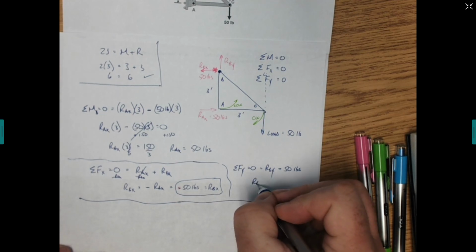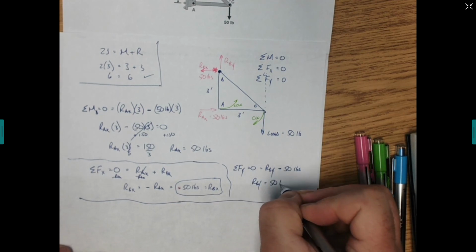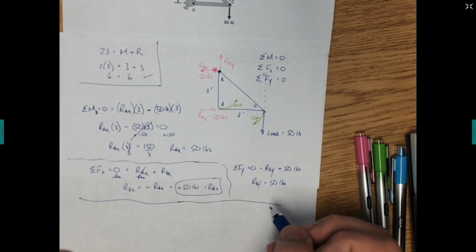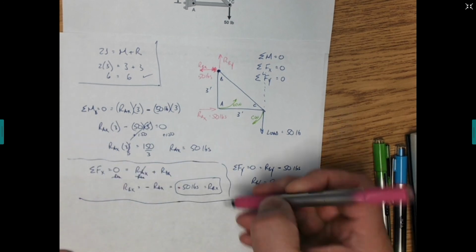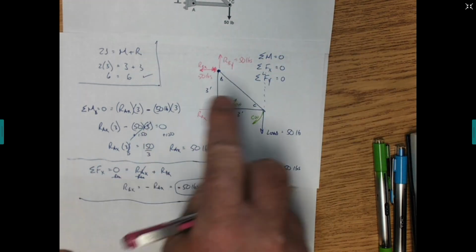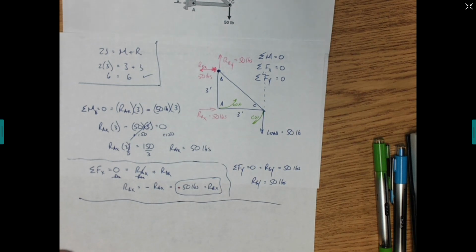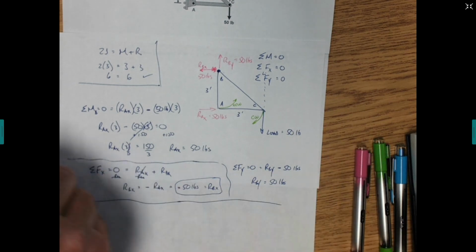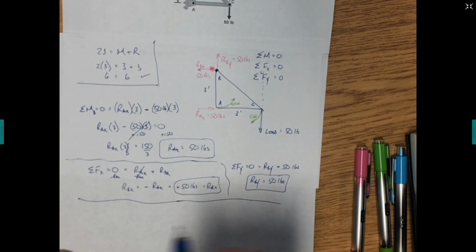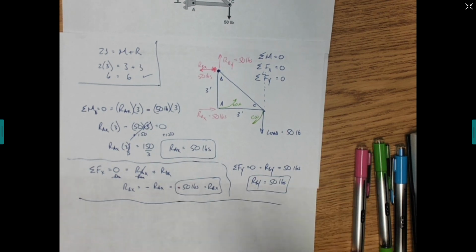That means RBY is equal to 50 pounds when I add the 50 to both sides. It's positive, so I guessed right. Now I have all my external forces solved: RAX, RBX, and RBY. And they all turned out to be 50, which is just kind of a coincidence.